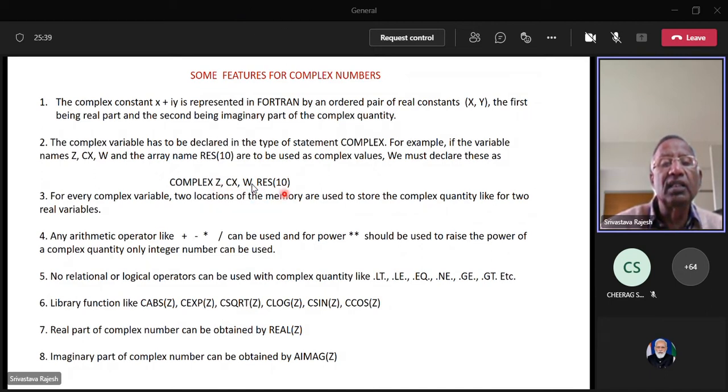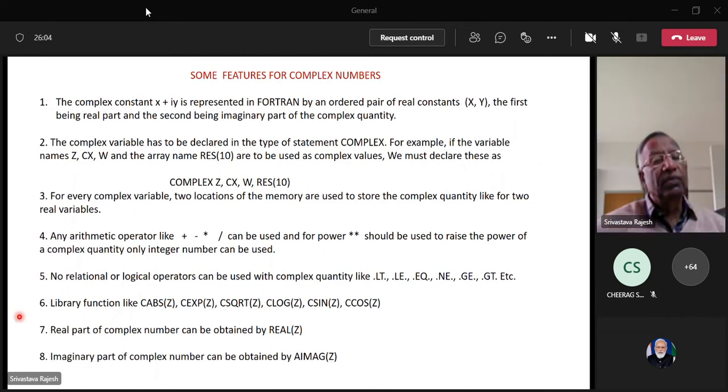And res10 has 10 into 2, 20 storage for this 10 dimension. So for every complex variable, two memory locations are used to store the complex quantity, like for two real variables. That is what I was emphasizing.